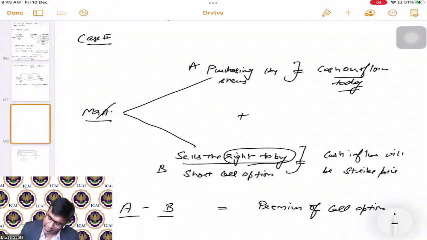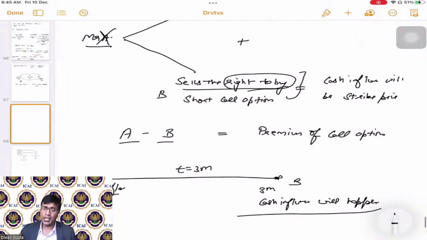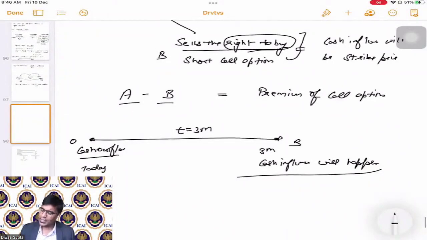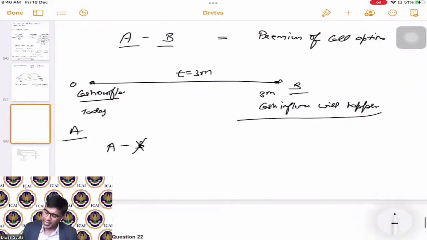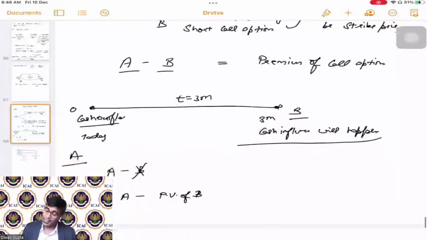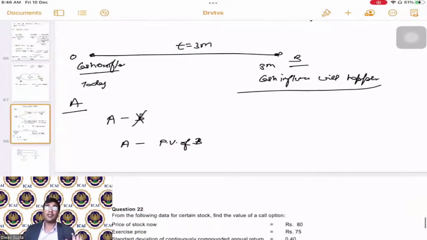Let us assume this is Mr. X, otherwise there will be a confusion. Mr. X is the person name. A and B are the two cash inflows and cash outflows. So cash outflow is A and cash inflow is B. So we cannot do directly A minus B because B is a value that is sitting after 3 months. As per the present value and future value principles, what is the right equation to write here? A minus present value of B. We are building the formula now. Okay, students, we are building the formula.